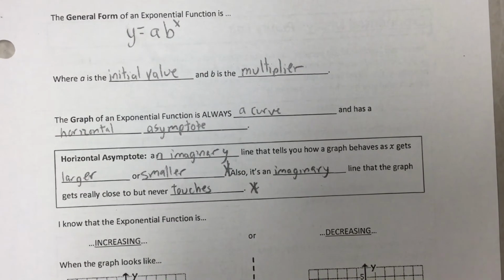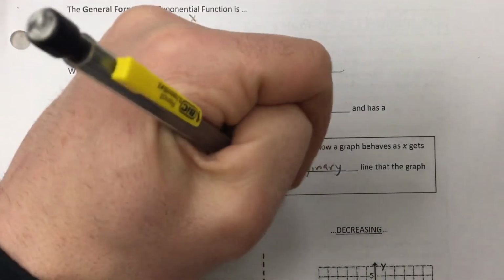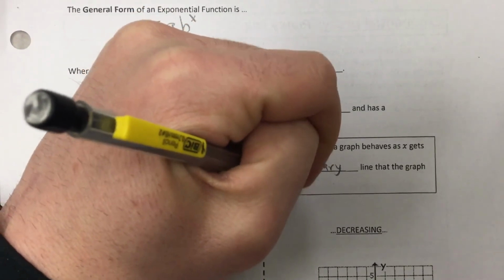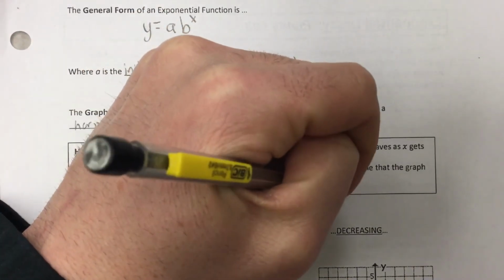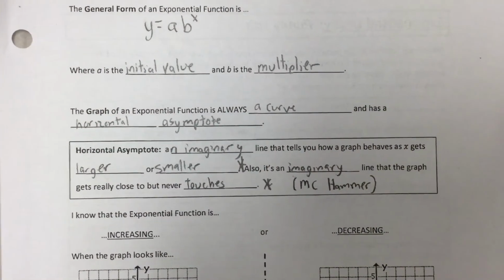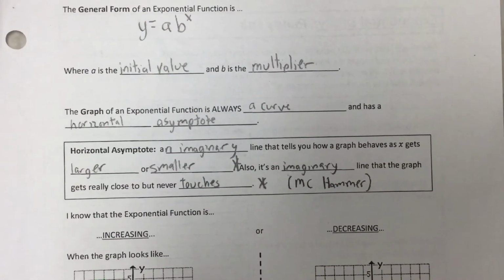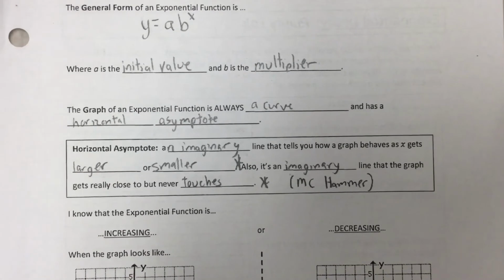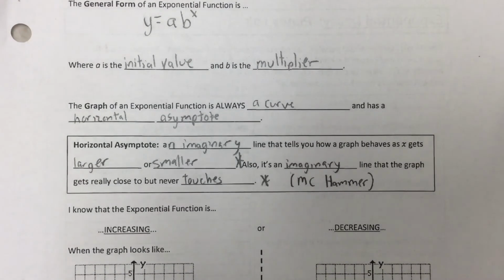So I like to call this the MC Hammer line. Why do you think we call it the MC Hammer line? Because we can't touch it. Can't touch this. All right, so I will call it the MC Hammer line often. Just know you can't touch it because it's an asymptote.